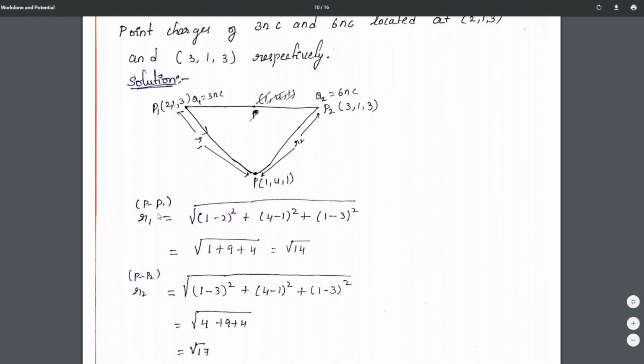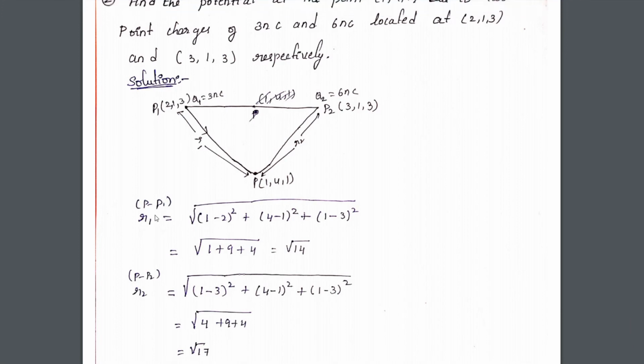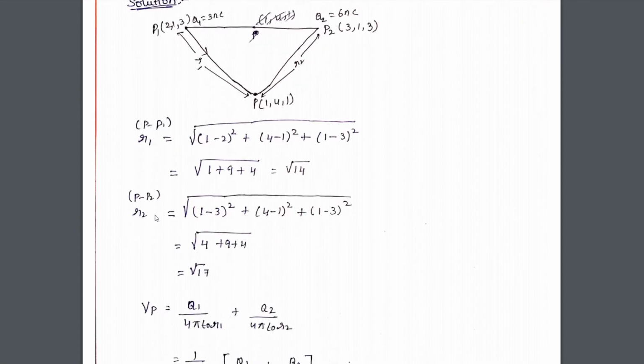Now this is absolute potential due to two charges. So Vp is equal to what? V P1 to P plus V P2 to P, you can write. First you find the distance R1 and R2 by using distance formula. You should know which points you should subtract.